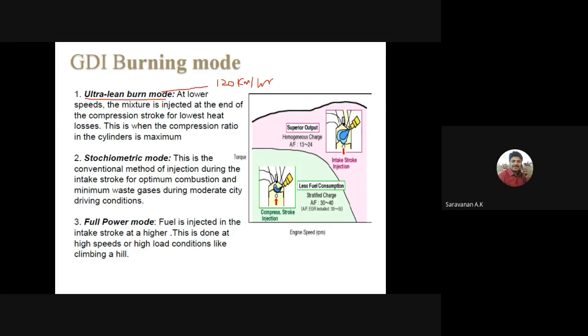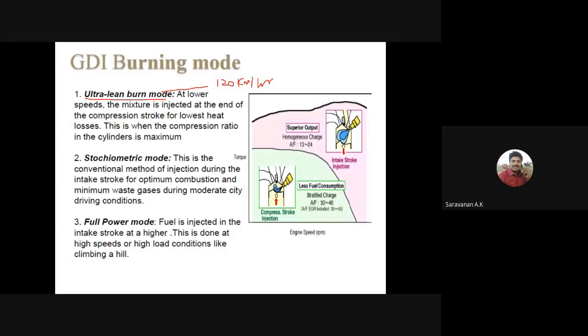When the GDI engine operates at higher loads and higher speeds, the fuel injection takes place during the inlet stroke. This optimizes the combustion by ensuring homogeneous charges, and the cooler air fuel mixture minimizes the possibility of engine knocking.